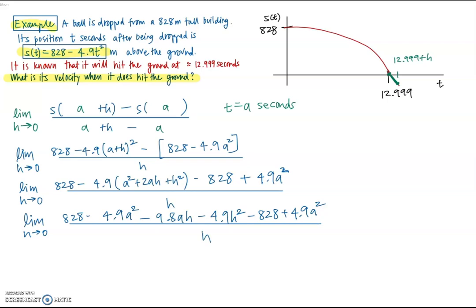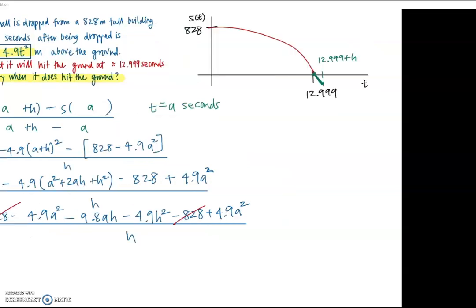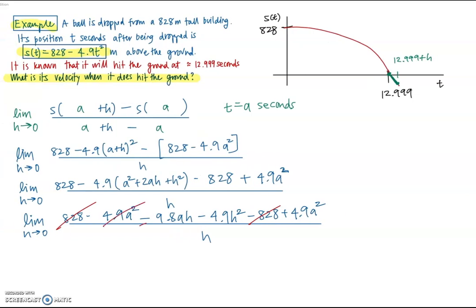And you've already seen probably that a lot of these are going to drop out. 828 minus 828, minus 4.9a squared plus 4.9a squared. We're left with just these guys and an h in the denominator. And that's kind of nice, because we're going to see that that h in the denominator will go away.